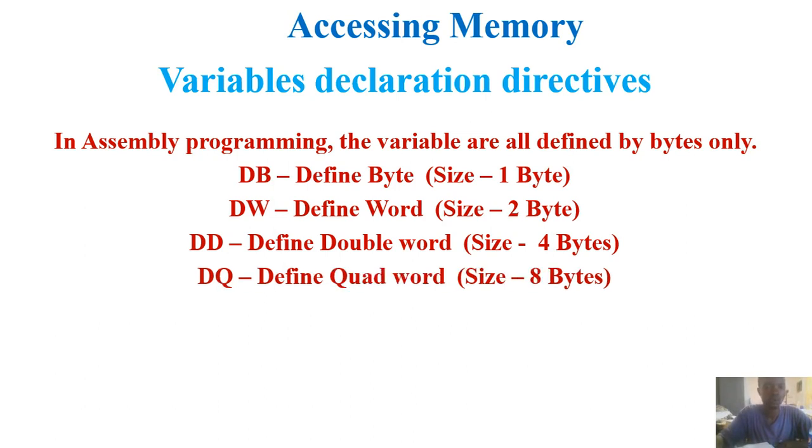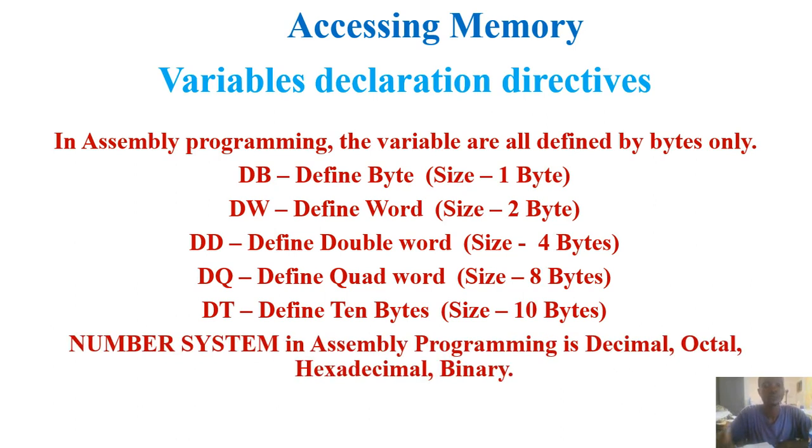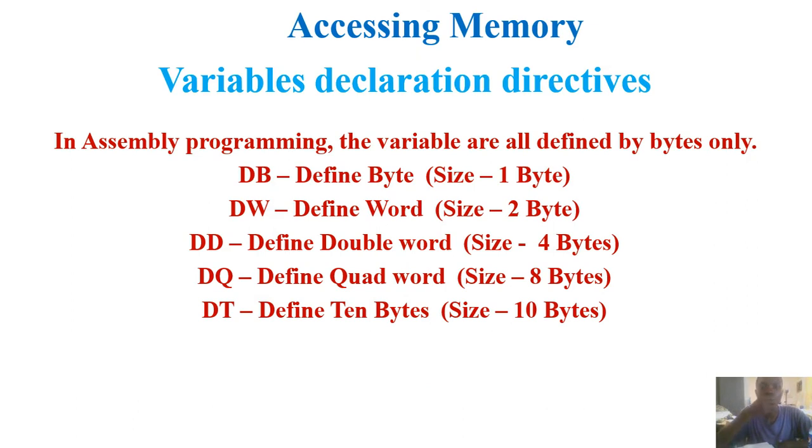I think this is straightforward. DQ, define quad word, that's 8 bytes. DT, define 10 bytes, that's 10 bytes. So these DB, DW, DD, DQ, and DT are the keywords, the directives that we use.